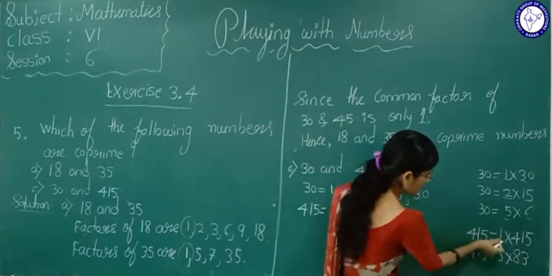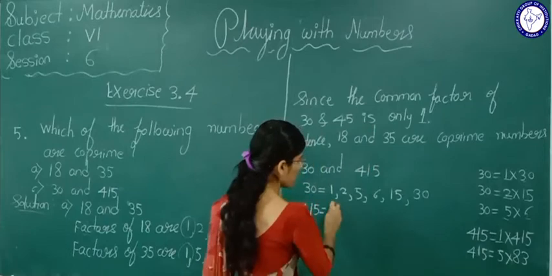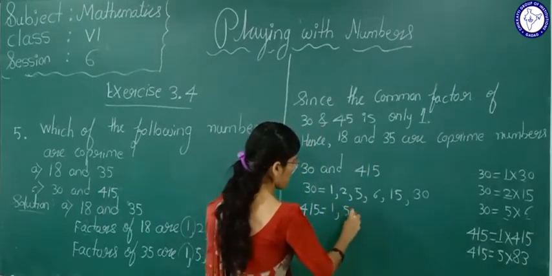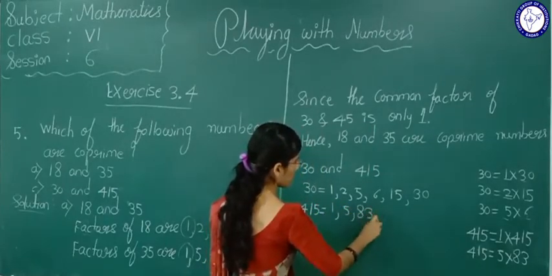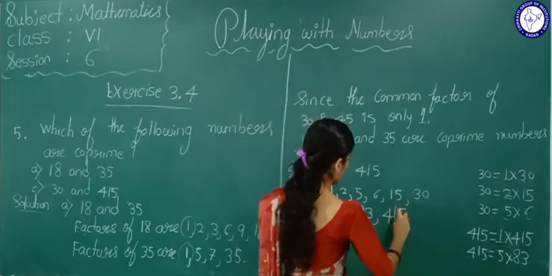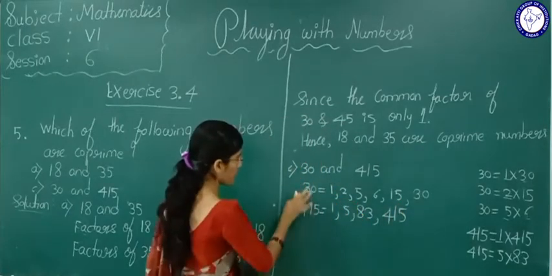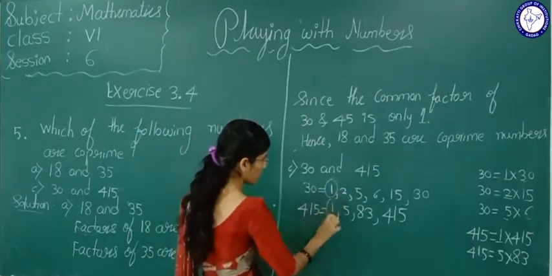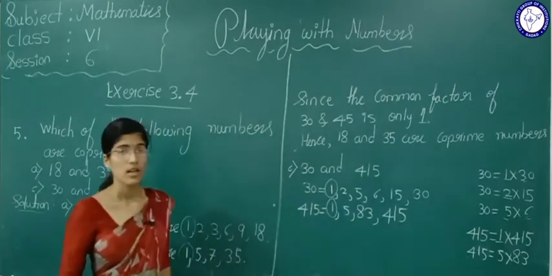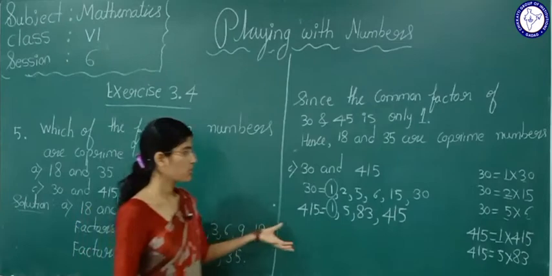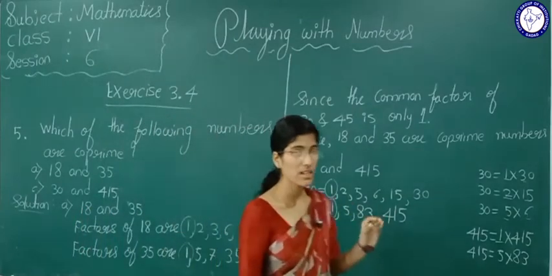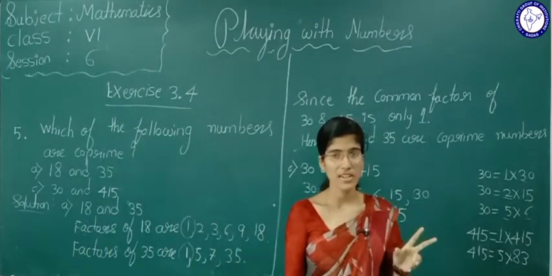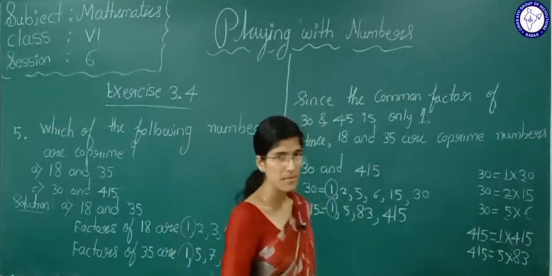No. Then the factors of 415 are 1, 5, 83, 415. Now tell me, what is the common factor? 1 only. See, students, if any two numbers have only 1 as the common factor, then those two numbers are called co-prime numbers.